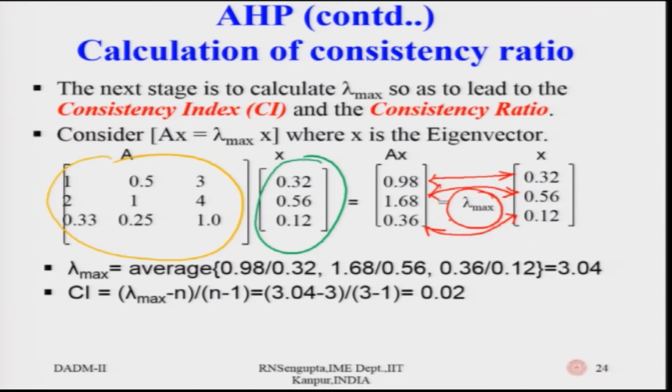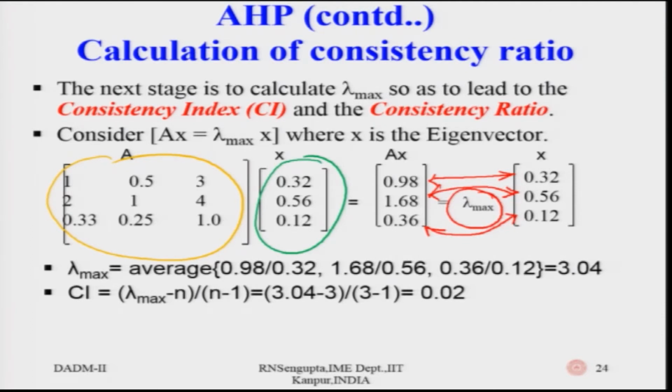So this is 0.98 by 0.32, 1.69 by 0.56 and 0.36 divided by 0.12. The average of that comes out to be 3.04, or consider 3.3.